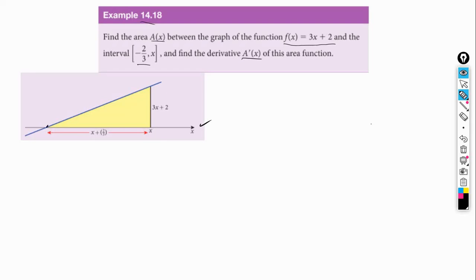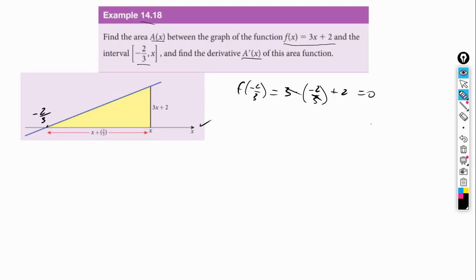Why is that? Well, if you do f(-2/3), it's going to be 3 times -2/3 plus 2, and this is obviously going to be 0. Therefore -2/3 is an x-intercept. So we have the coordinate -2/3 comma 0 here.